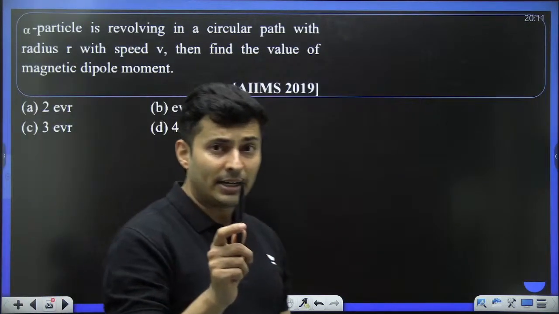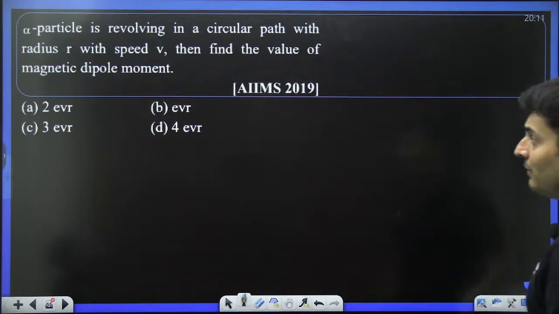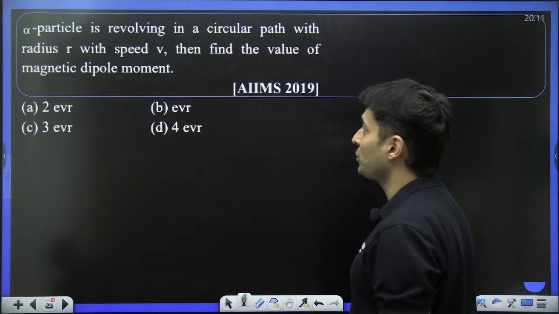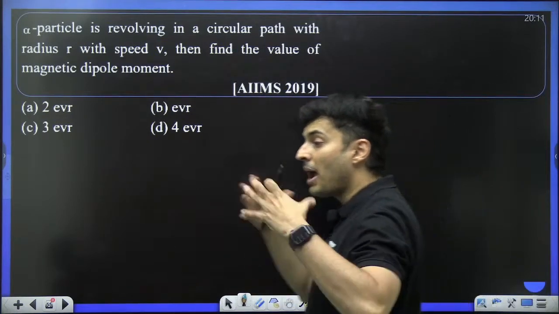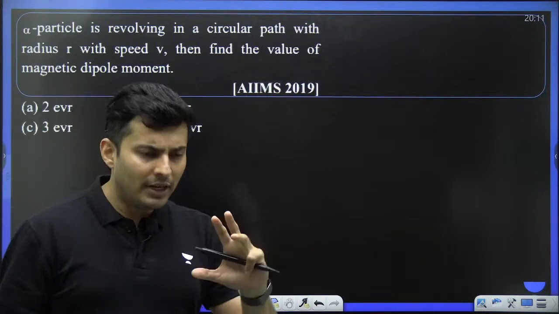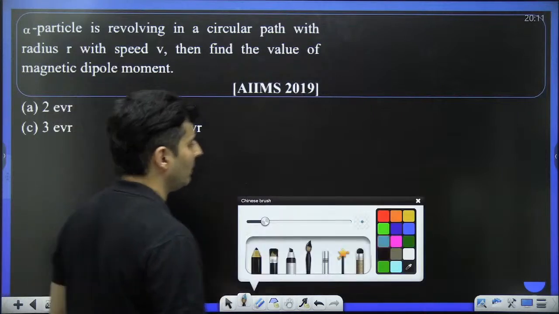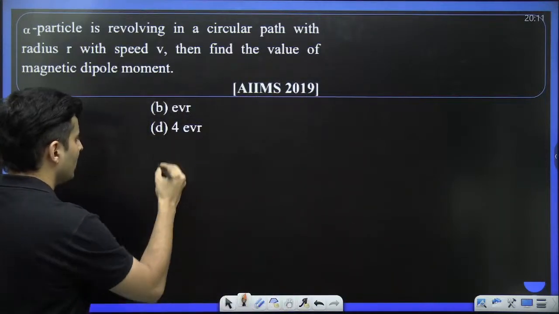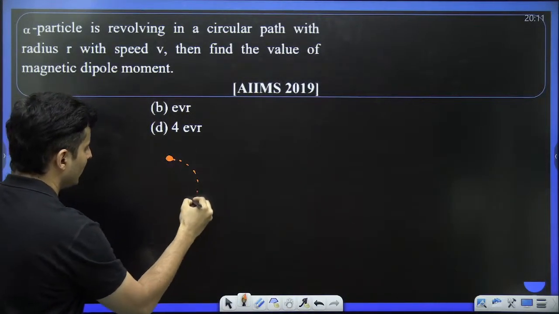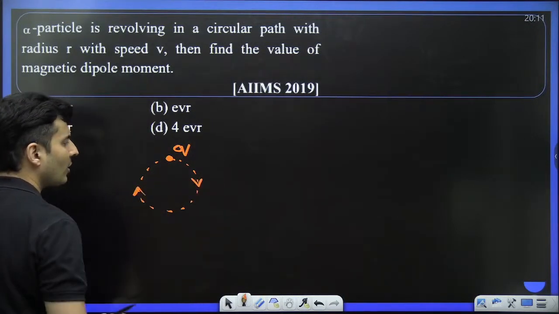If there is an alpha particle going in a circular path of radius r, speed v. This was the AIMS question. Then what is the value of the magnetic dipole moment? Immediately when you look at this question, you will be like, wait a minute, how can this be a magnetic dipole moment? Then you think a little bit. Okay, there is a charged particle going in a circular path.